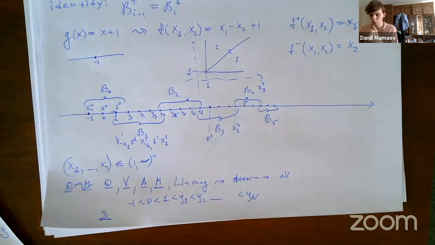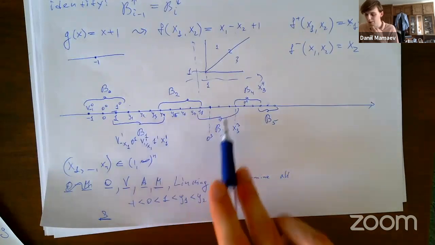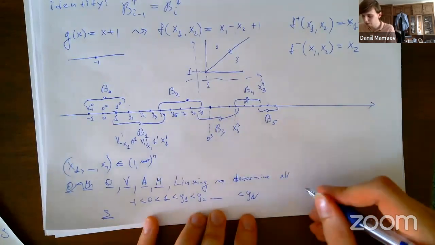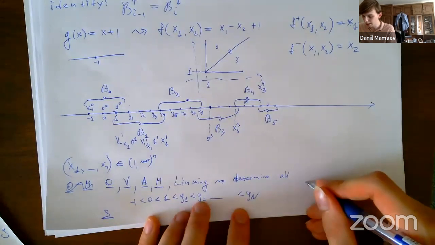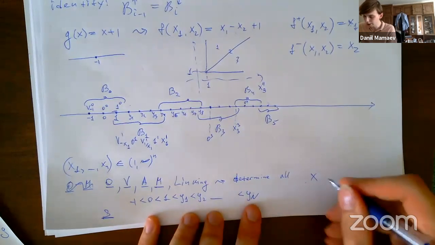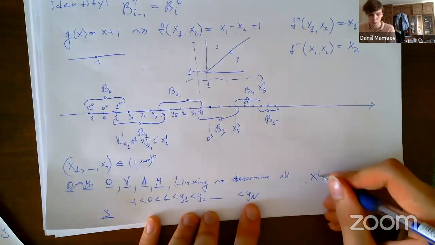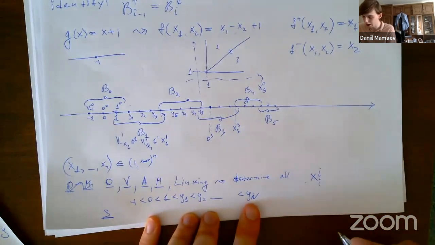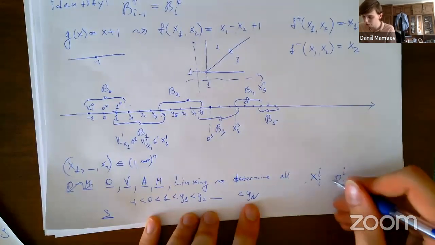And how do we go back? Well, we just look at our numbers and we say that, okay, there is some y corresponding to, say, x_i, and there is some y corresponding to 0_i.